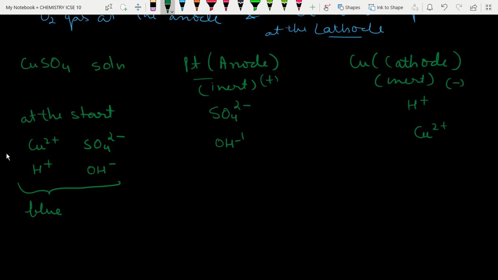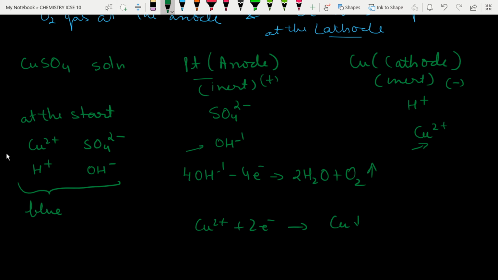So in the activity series, look, the position of OH is low, so here also 4OH- gives 4 electrons to give 2H2O plus O2. O2 gas is released here, and for copper, it takes 2 electrons and copper will be deposited. And what is the observation?